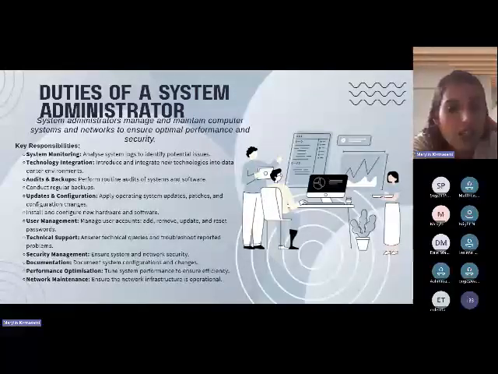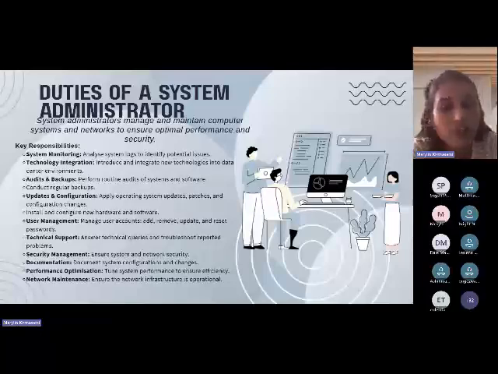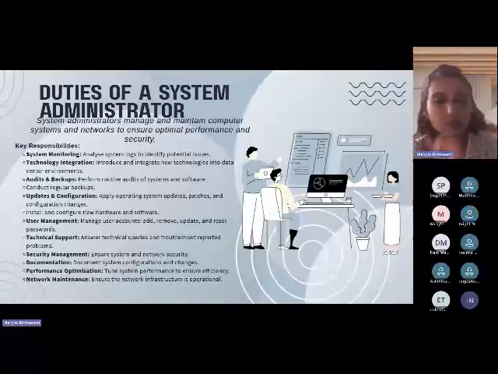They are always ensuring system security, or applying security measures like firewalls and access controls to protect sensitive data. They also ensure documenting system configuration. So what that means is that they are keeping records of system settings and changes for future reference.